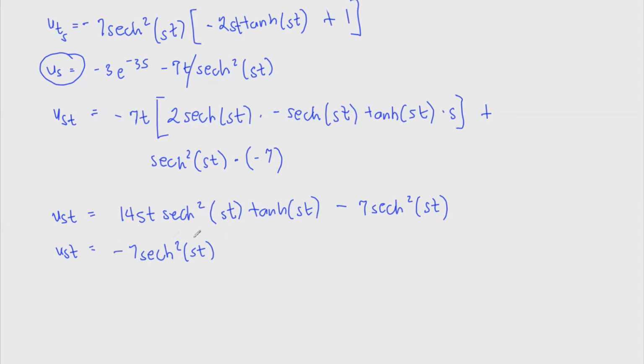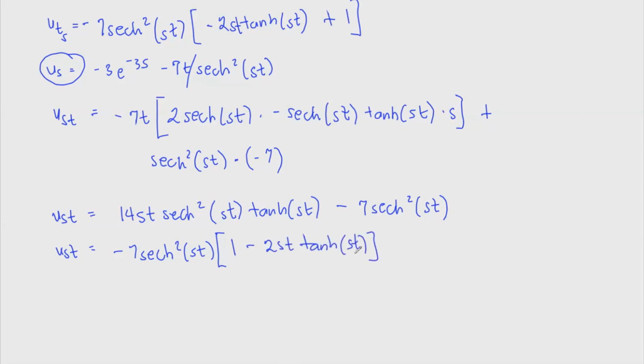So with this, we have already distributed negative 7, so we have positive 1 because this is the expression itself, then minus, because that becomes positive, 2st tangent h of st.